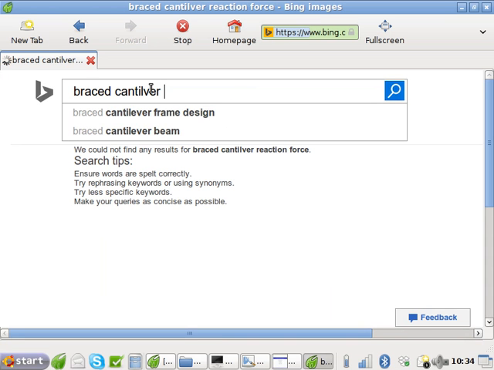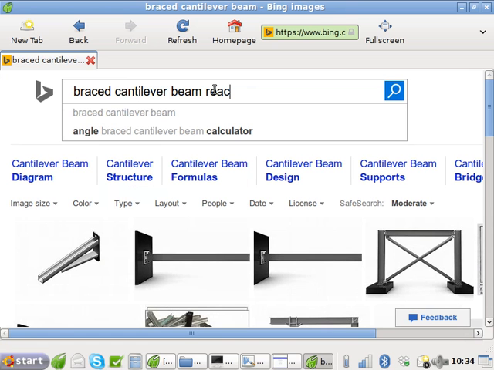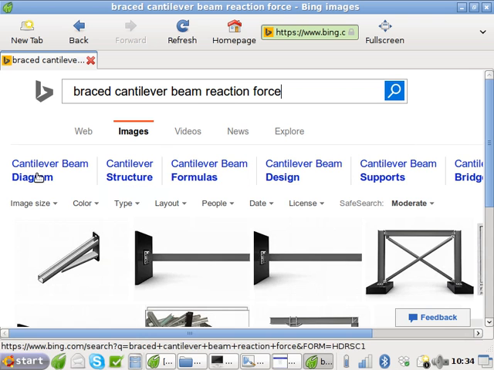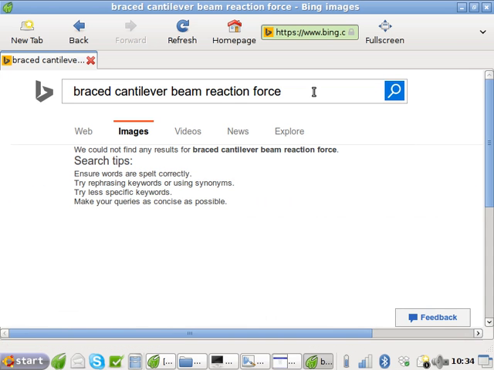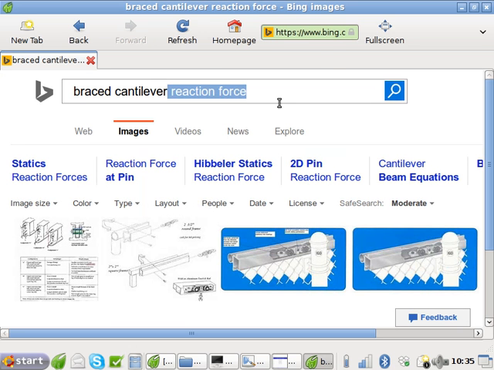That's because I spelled cantilever wrong. Right. Reaction force. Or maybe like the diagram. Nothing. Huh. What's this?